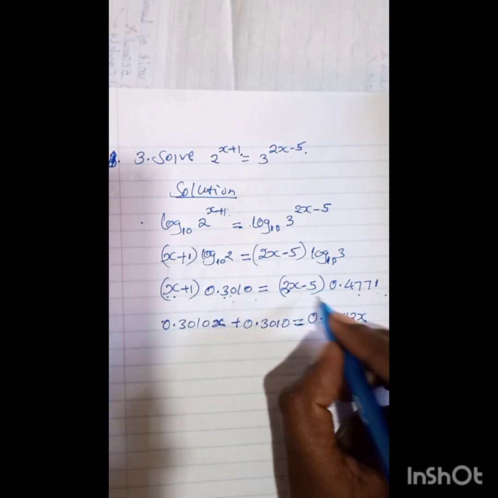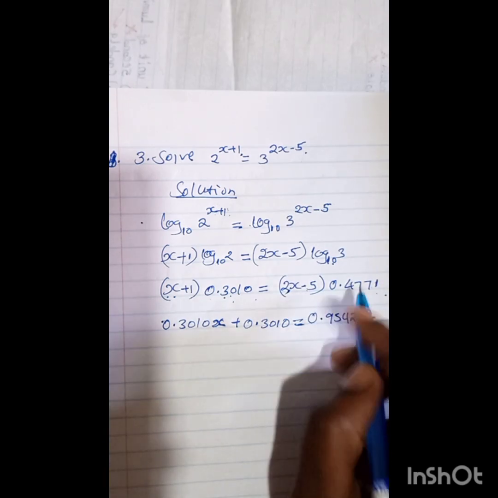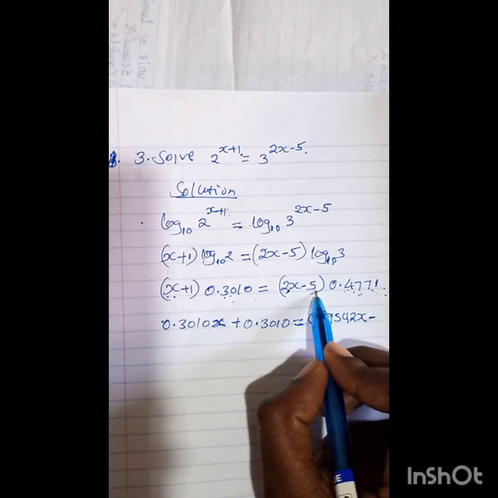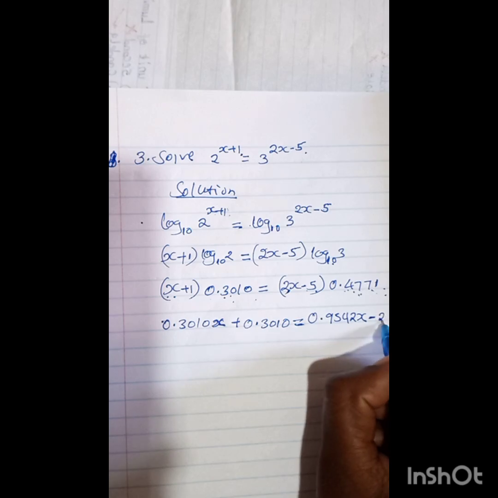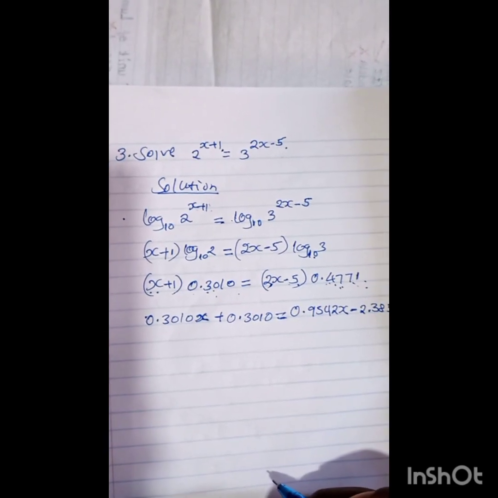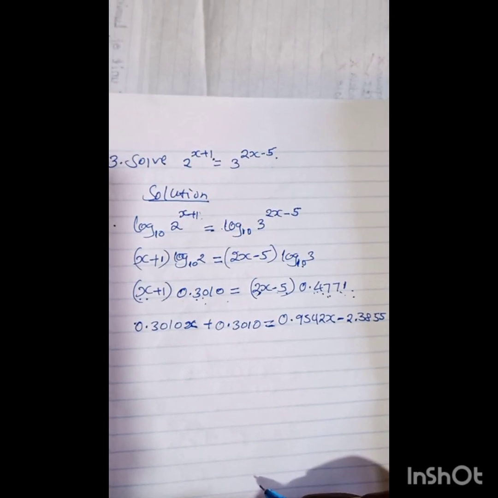Then the sign here is minus, so I'll subtract 0.4771 times 5. I'll have 2.3855. So when you open the brackets, that's what we have there.